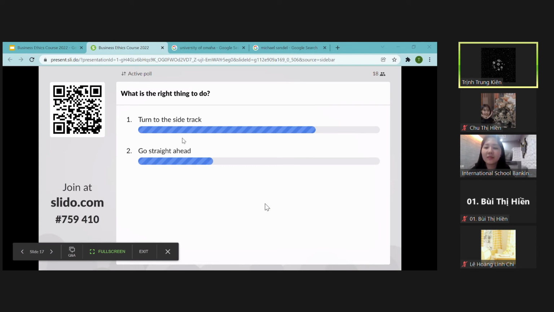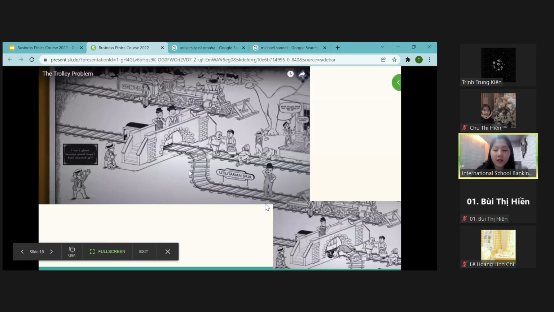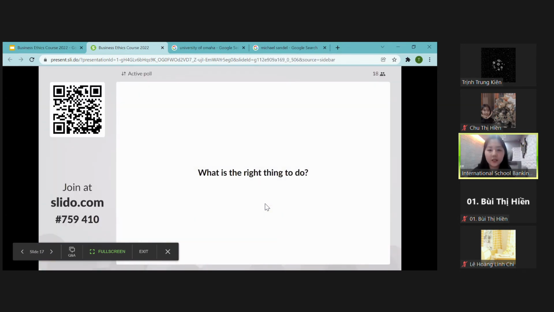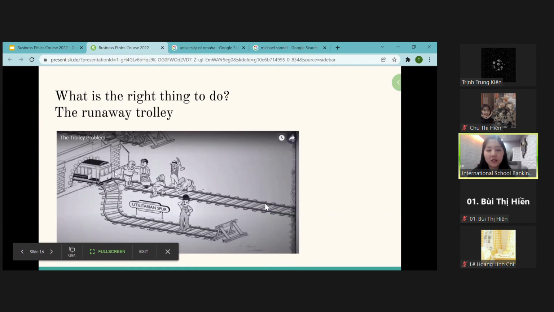So in the first case, okay, here is the first case. Do you want to turn to the side track and kill one person, or do you do nothing and just run into the five workers and kill them?